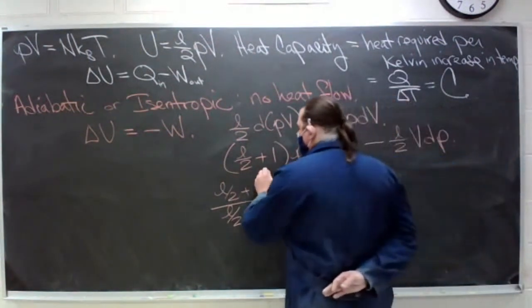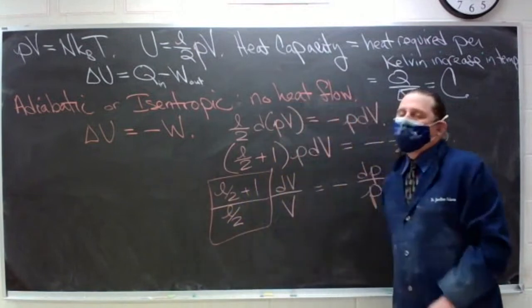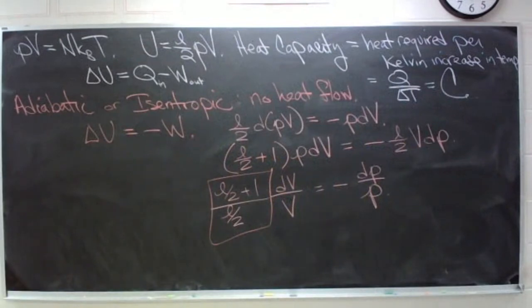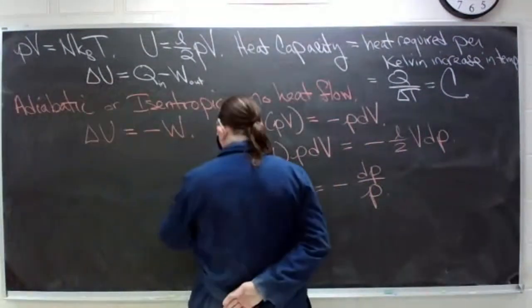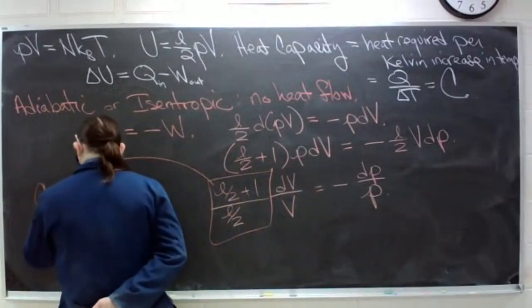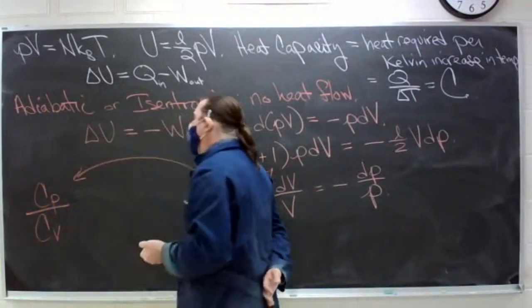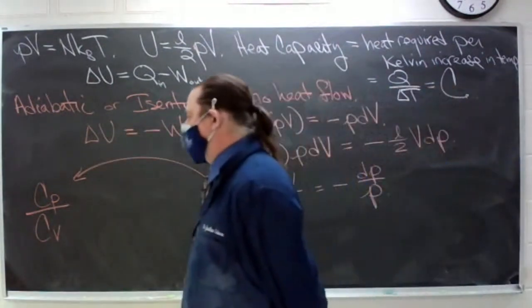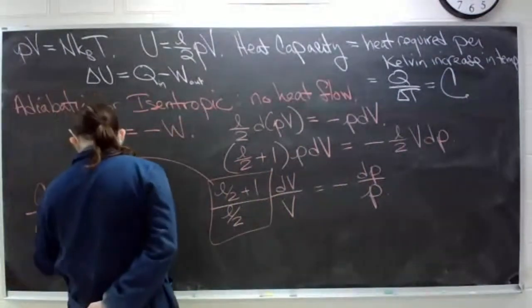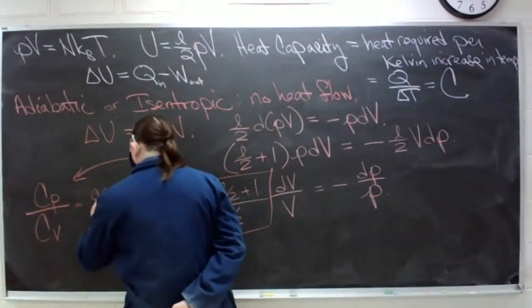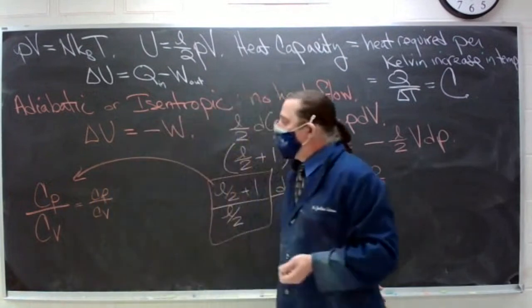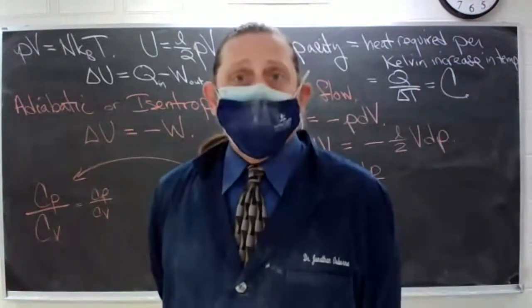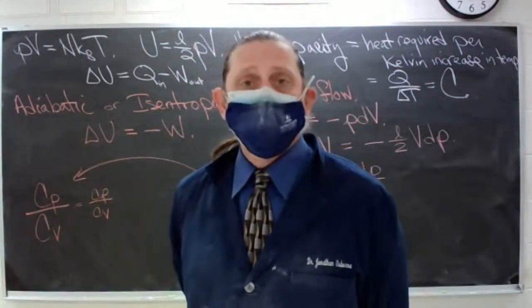Now, this quantity is something that we've already seen. It's the ratio of the heat capacity at constant pressure to the heat capacity at constant volume. Or you could use lowercase, because I could just divide by the mass in the numerator and the denominator and get specific heats instead.